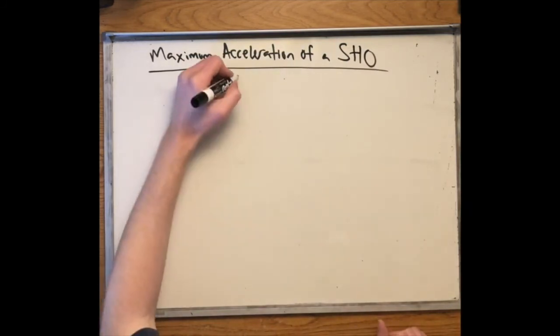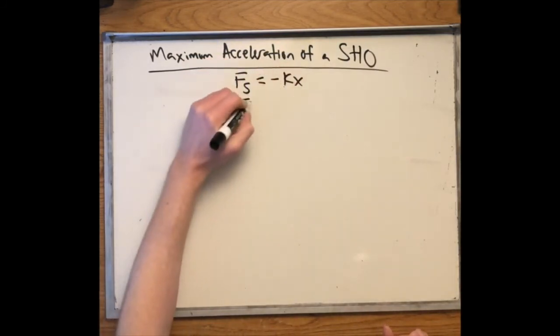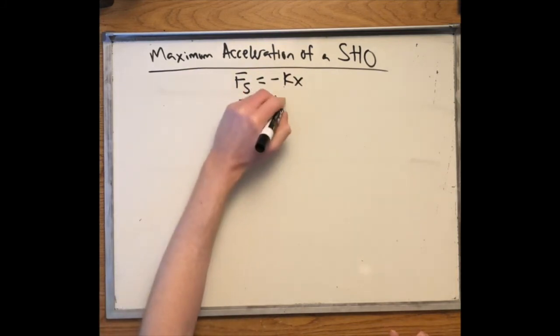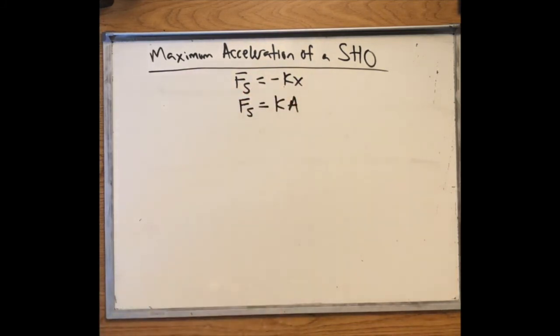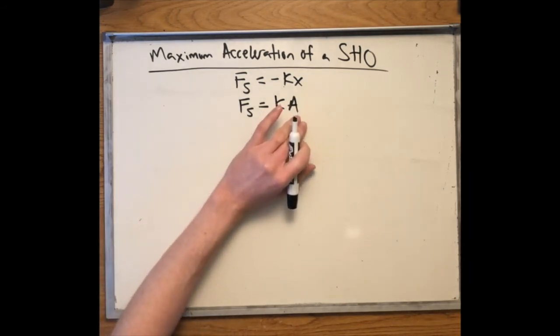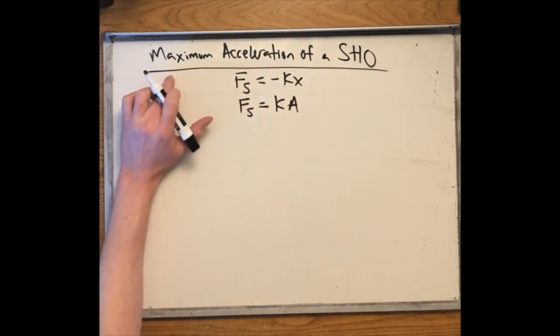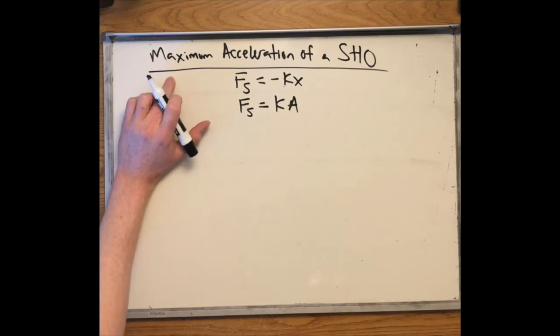So we can say here, if Fs equals negative kx, then writing it in terms of the amplitude, where the force is the biggest, would give us F equals kA. Notice the only reason I'm replacing x with the amplitude is because the amplitude is the place where x is biggest. We're trying to get an equation for the maximum acceleration.